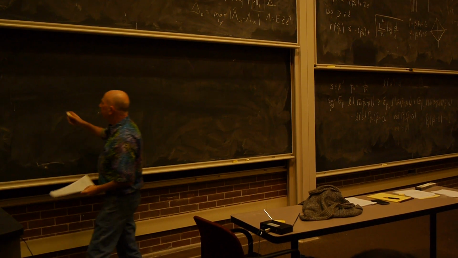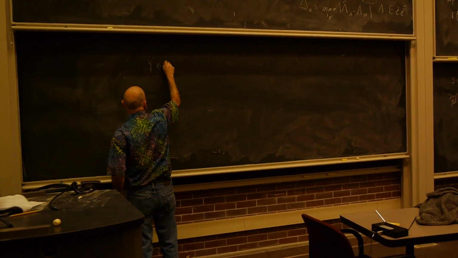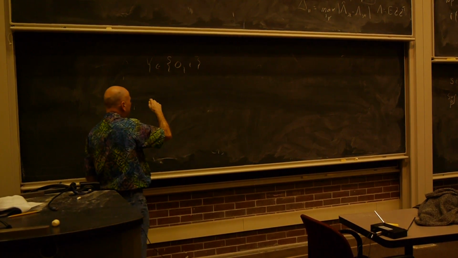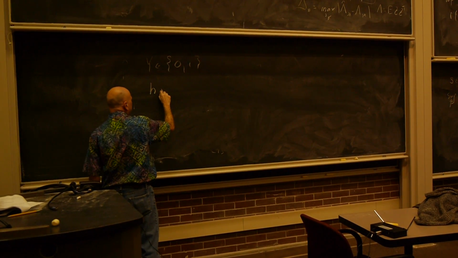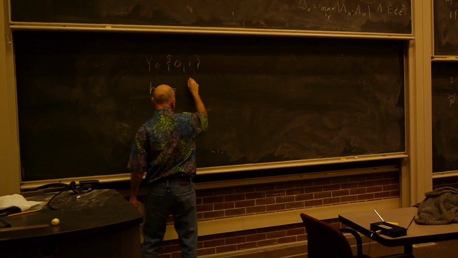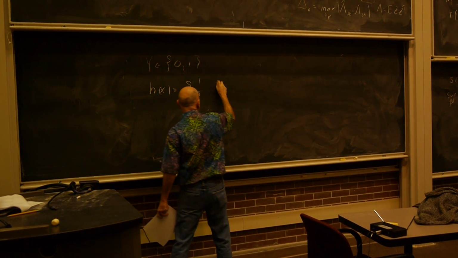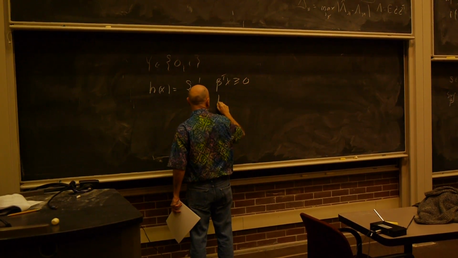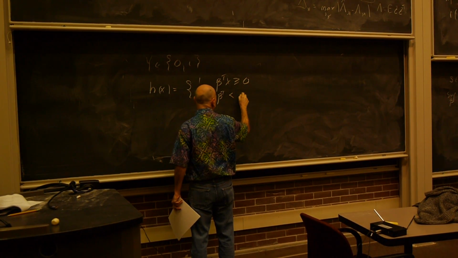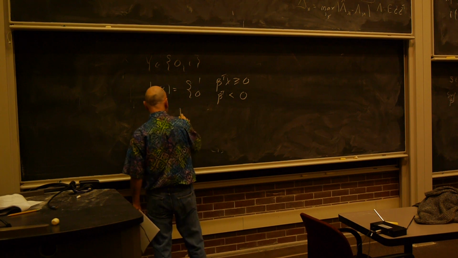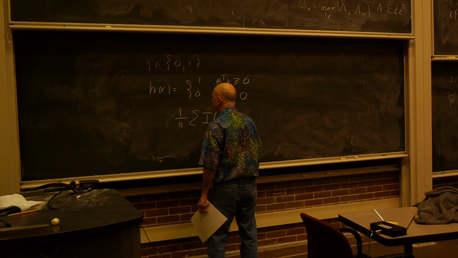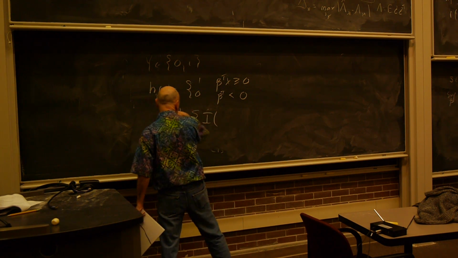And I'm going to concentrate on the case where y is 0 or 1. And so a linear classifier would have the form 1 or 0, depending on whether, and if life were simple, we would just look at the training error. Let's call this h beta.